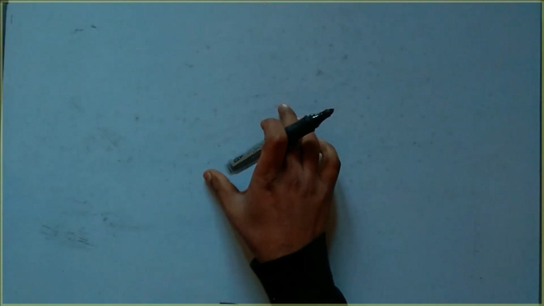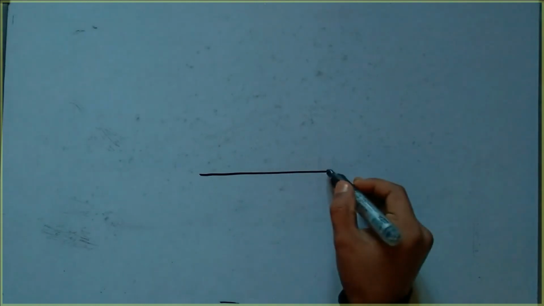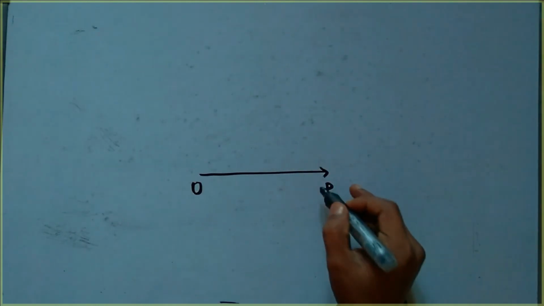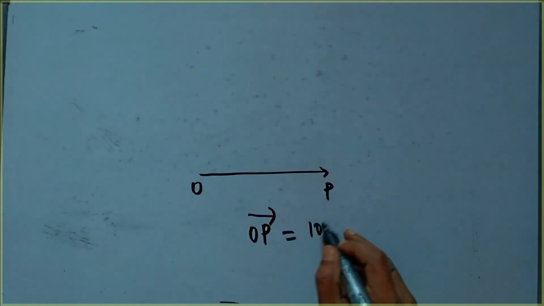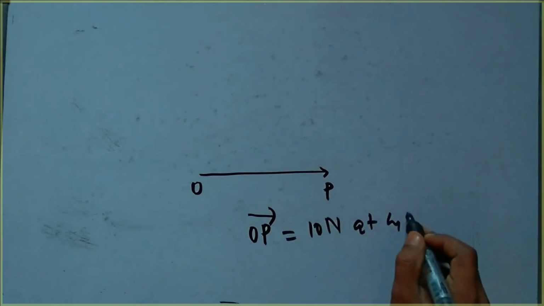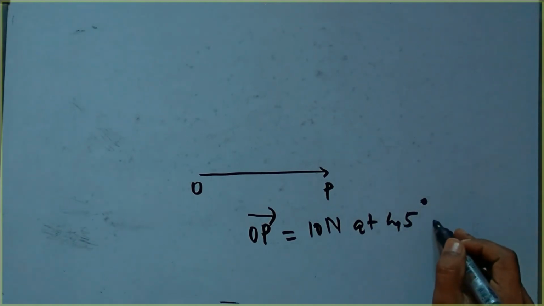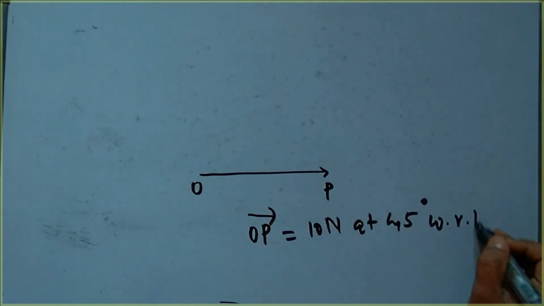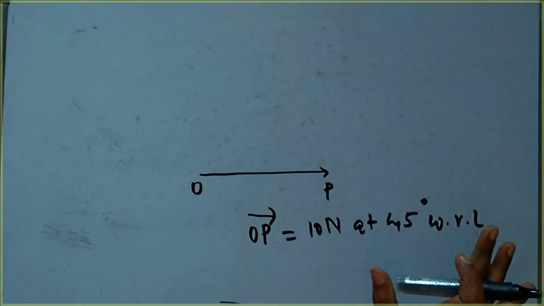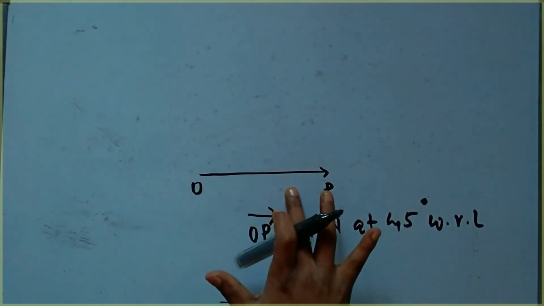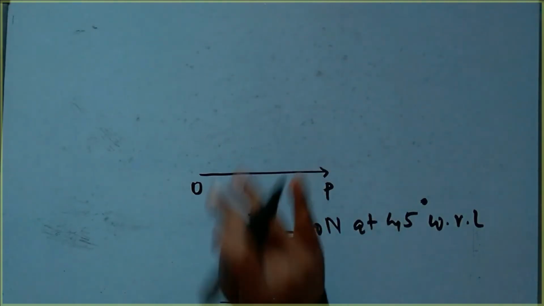Now these vectors can be used as a reference. Let's see an example. Let this OP vector equal 10 Newton at 45 degree with some reference line. We don't know what the reference is here, but this given vector can be used as a reference for other vectors.